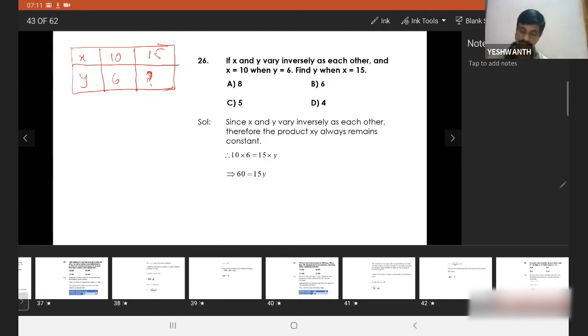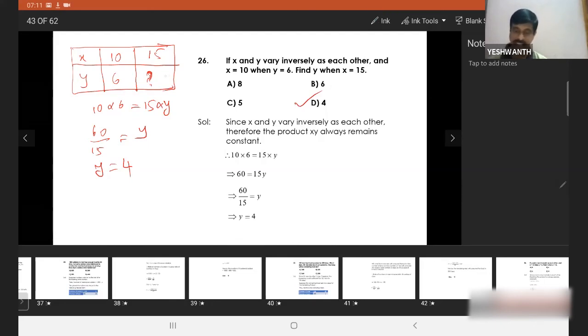Okay. So now 10 into 6 equals 15 into Y. Okay. So 60 by 15 equals Y. The product of the two upper and lower things is equal to the product of the two upper and lower things, as it is inversely proportional. Y equals 4. Okay, option B. Take it fast, quick.